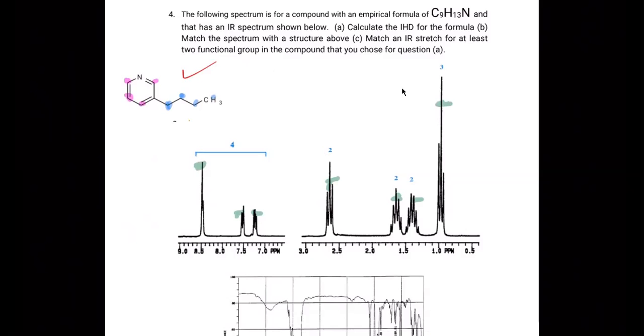All right. What does that mean when you got 7 signals in the NMR? What does that tell you about the molecule you're dealing with? You got 7 signals. What does that tell you about the number of non-equivalent hydrogens? How many different types of hydrogens do you have if you got 7 signals in your NMR?